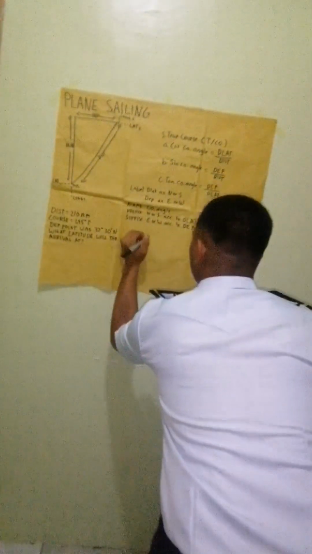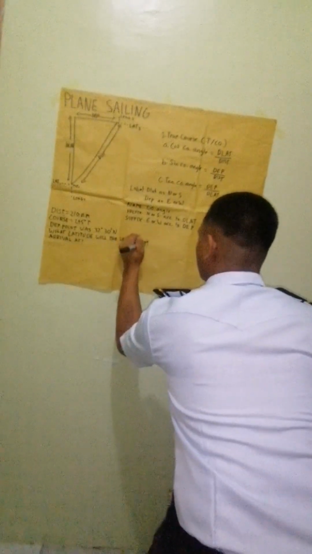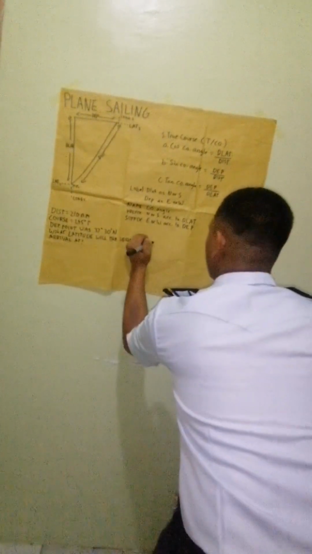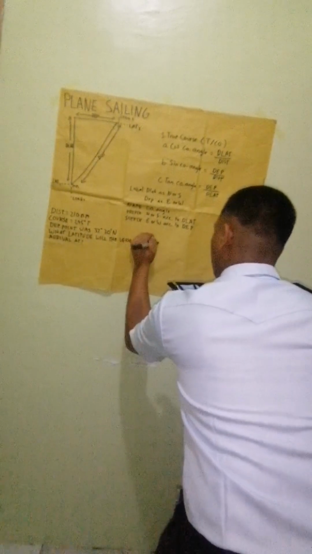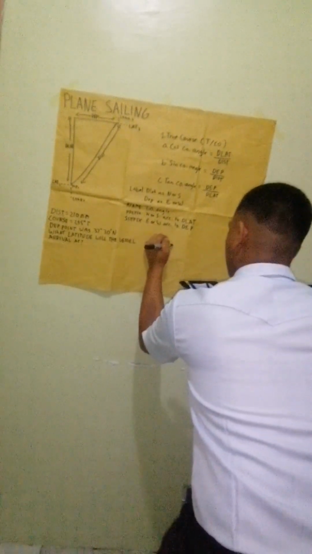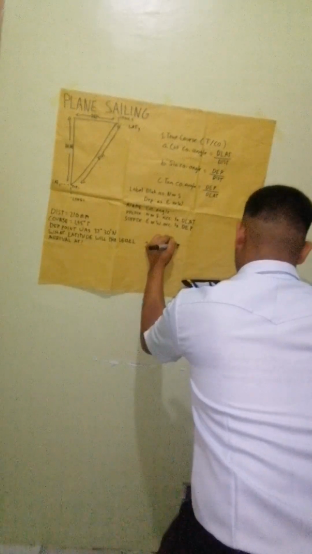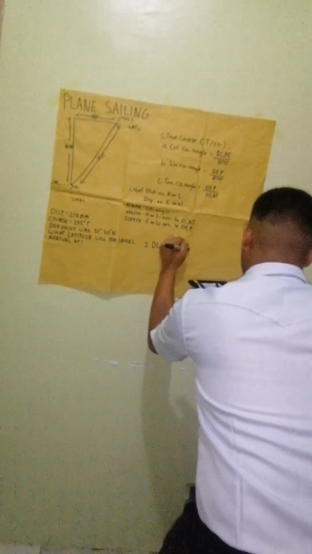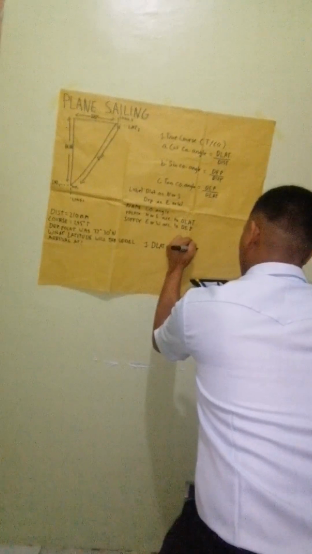First, the formula is d-lat equals distance times cosine course.